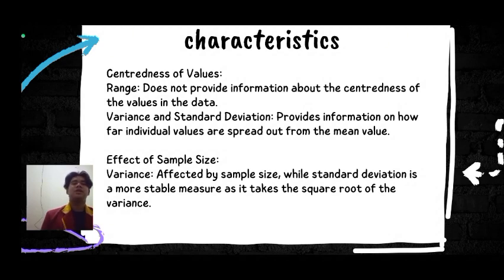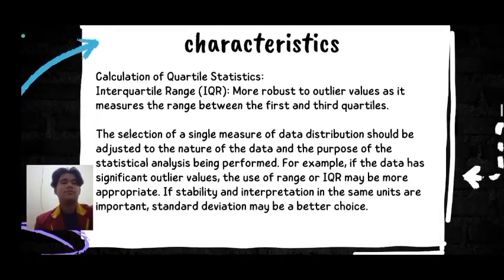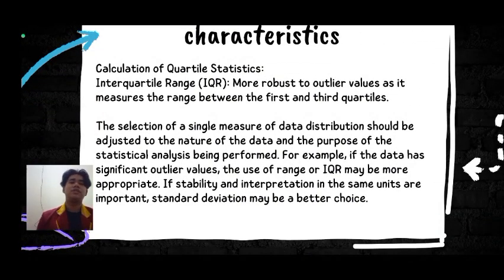The variance is affected by the sample size, while standard deviation is a more stable measure as it takes the square root of the variance. And then calculation of quartile statistics. Interquartile range, or IQR, is more robust to outlier values as it measures the range between the first and third quartiles.